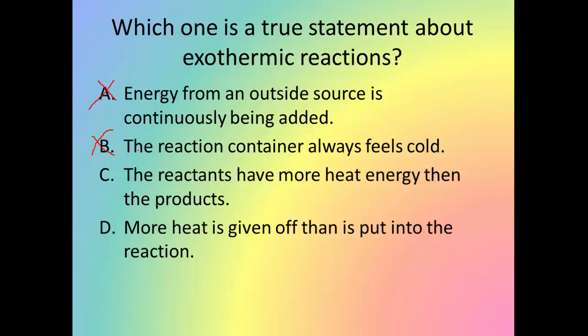Now, C and D, they're close, but you have to be careful about what each of those vocabulary words mean. C, the reactants must have more heat energy than the products. Or D, more heat is given off than is put into the system.